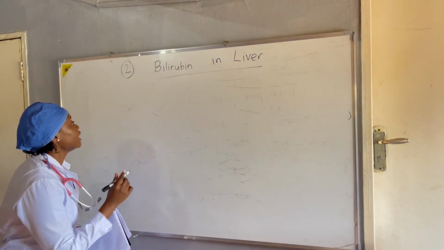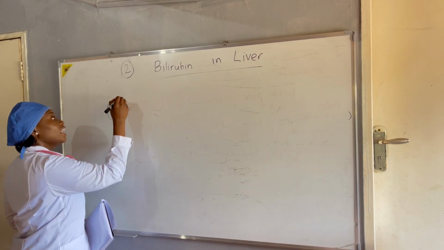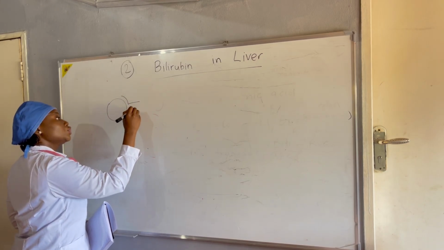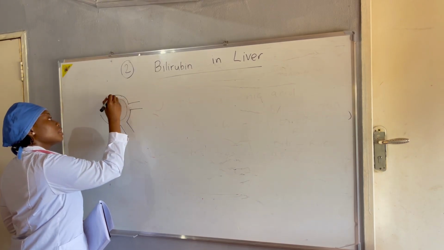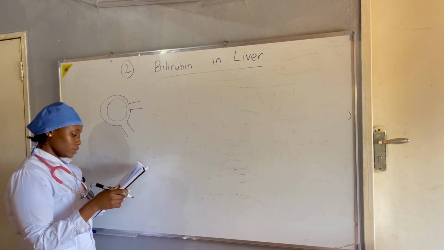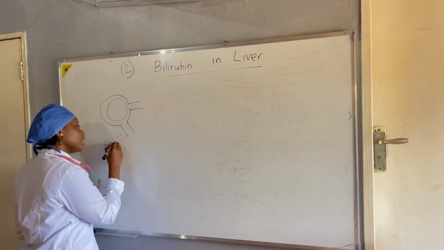So imagine it like this. This is the hepatocyte cell, and then it has little tubes around it like this, right? These are called the canaliculi.